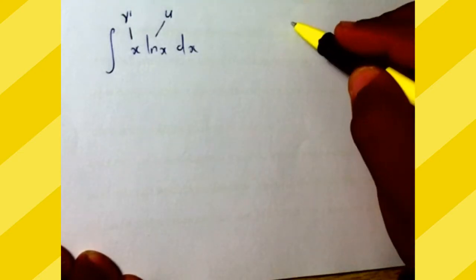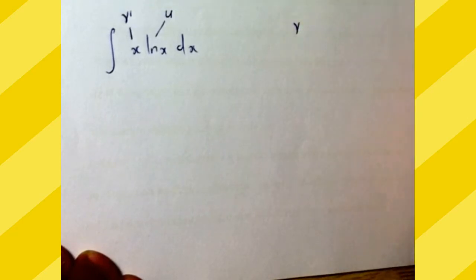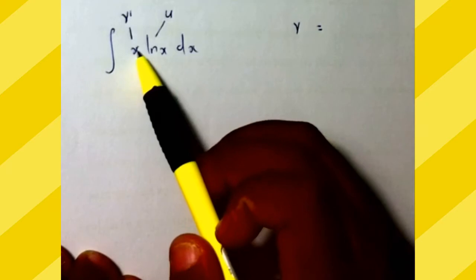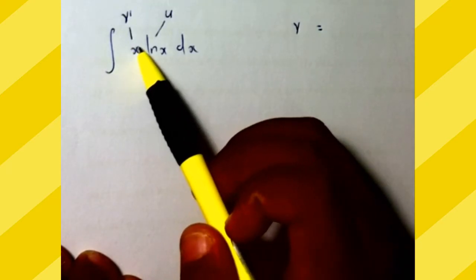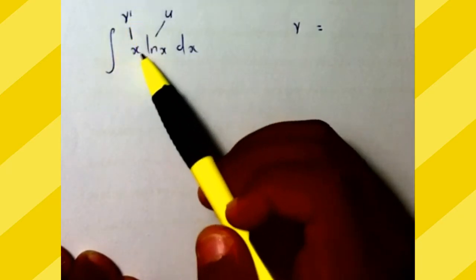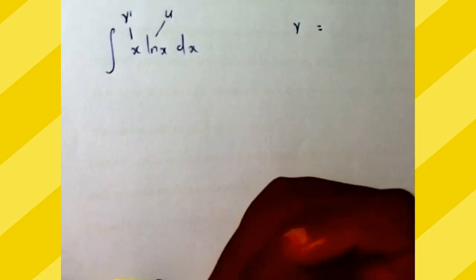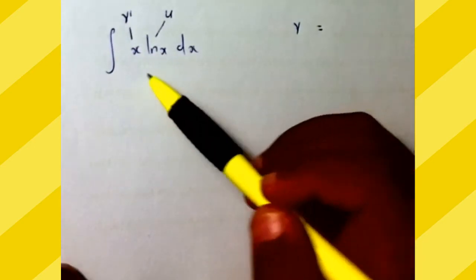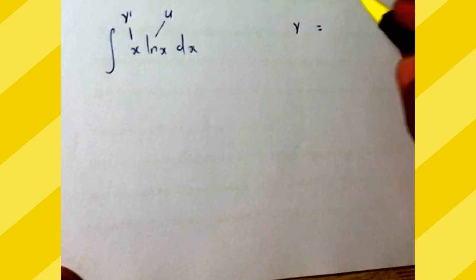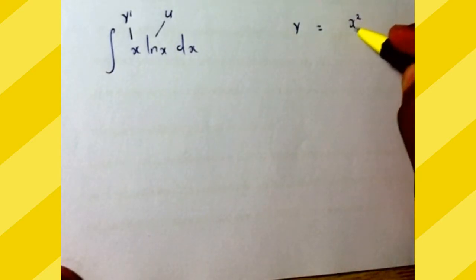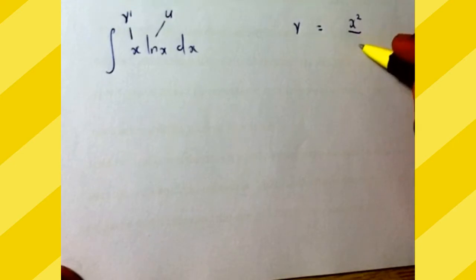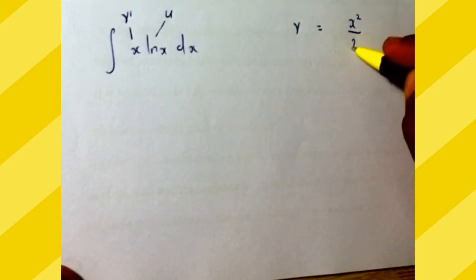So v is just the integral of x, because here it's the derivative. For me to get the function from its derivative, I need to integrate it. So I'm going to integrate x, and I'm going to get x squared divided by 2.